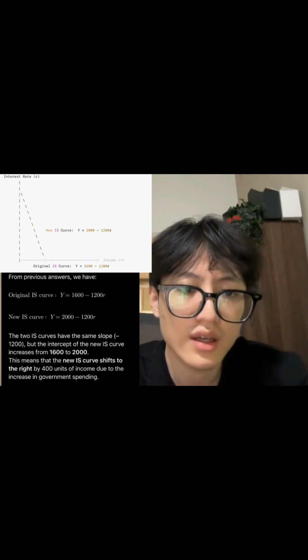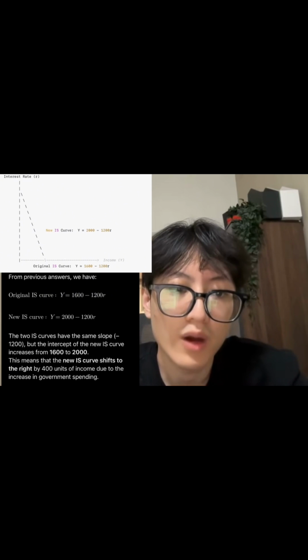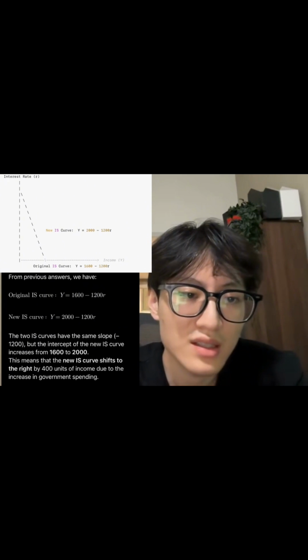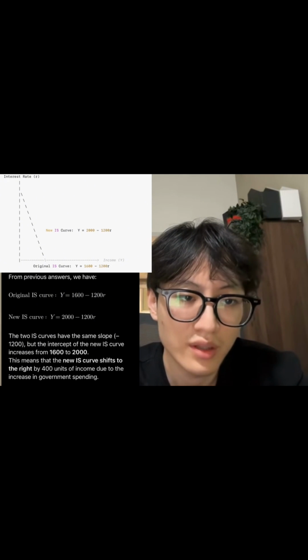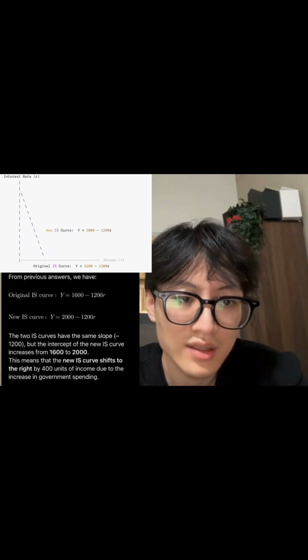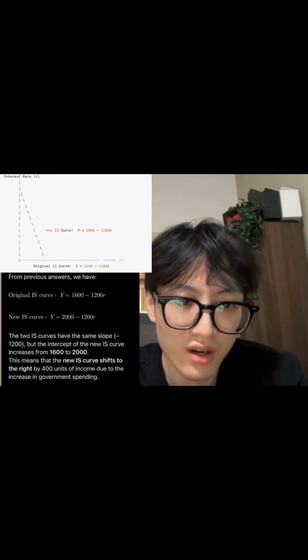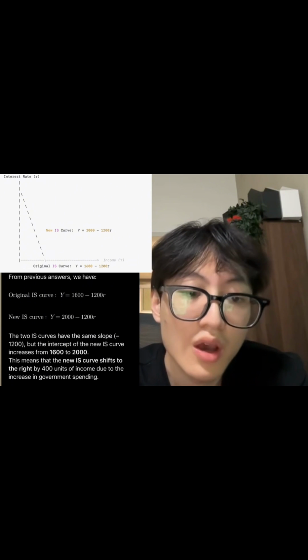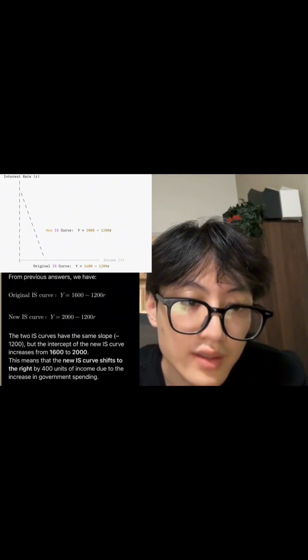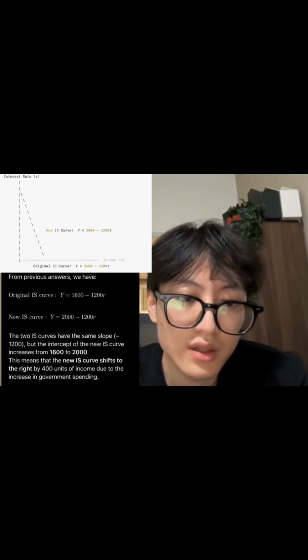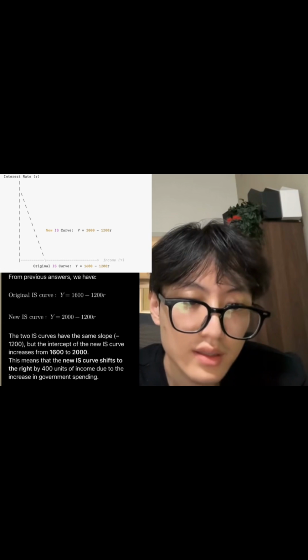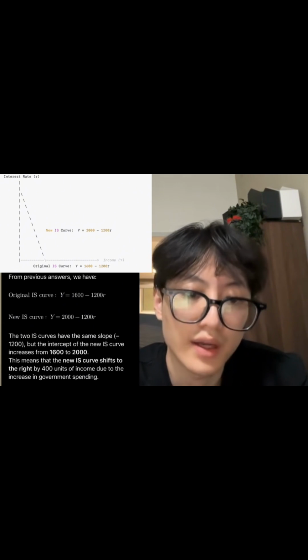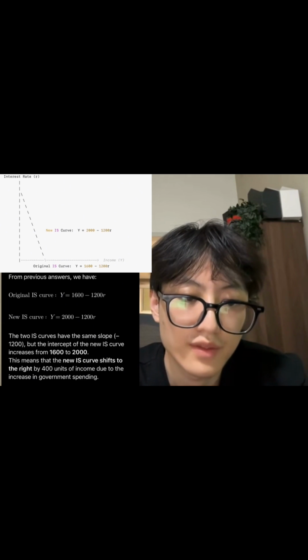The original IS equation was Y equals 1,731.25 minus 750R. Therefore, the new IS equation becomes Y equals 1,731.25 plus 400 minus 750R.